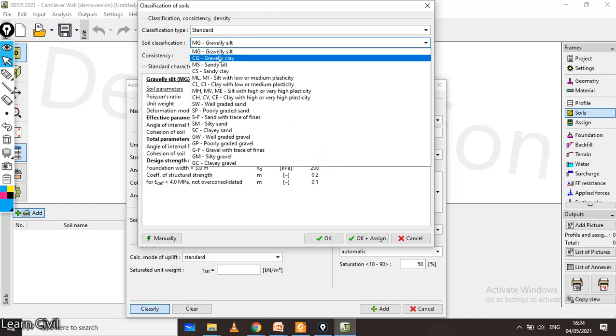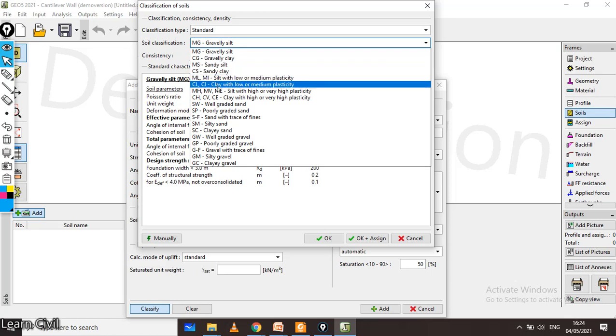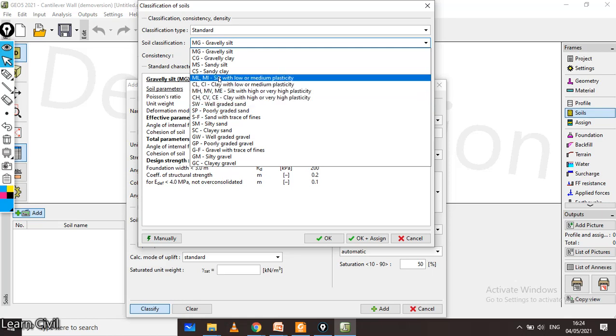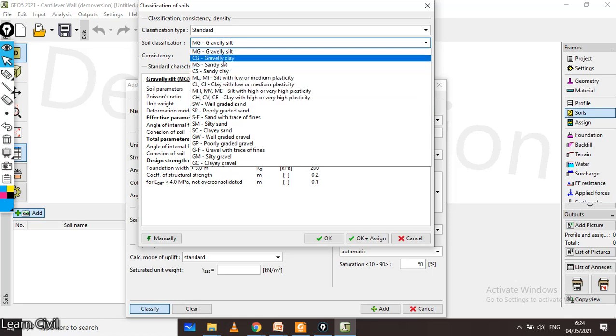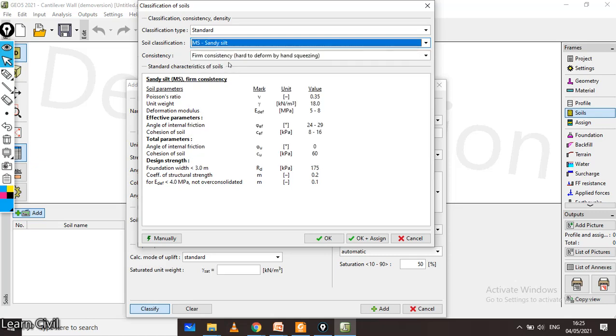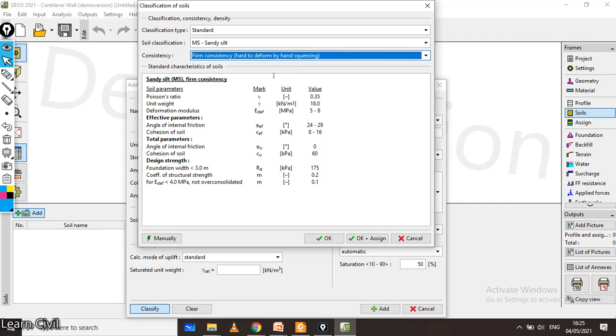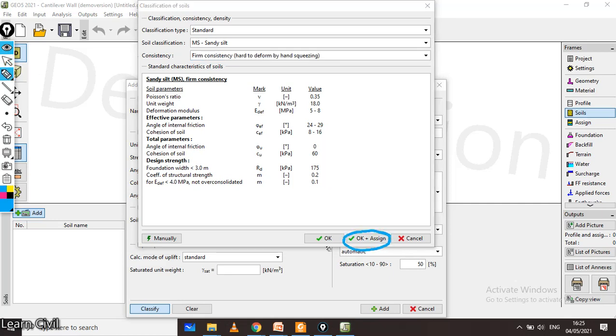So select sandy silt. Yeah, we have this one here, sandy silt with firm consistency. Here you select this with firm consistency, means it will be hard to deform by hand squeezing. So select this firm consistency and click here on OK plus assign.